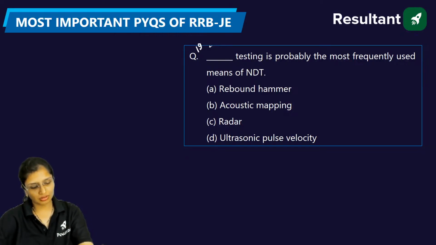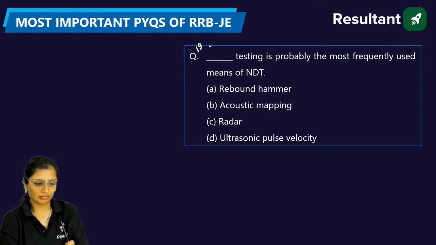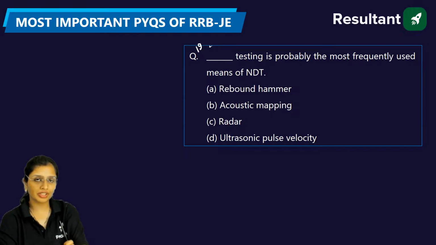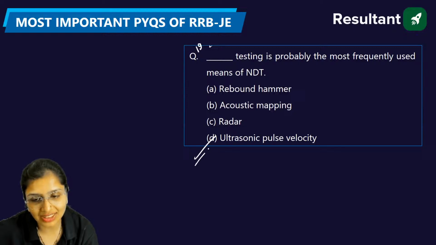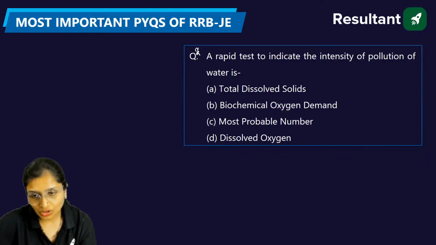Correct. Ultrasonic pulse velocity test is the most frequently used non-destructive test for cast in situ concrete.